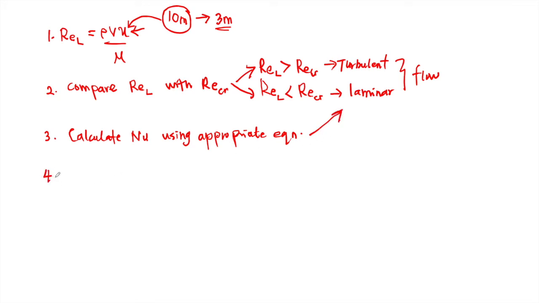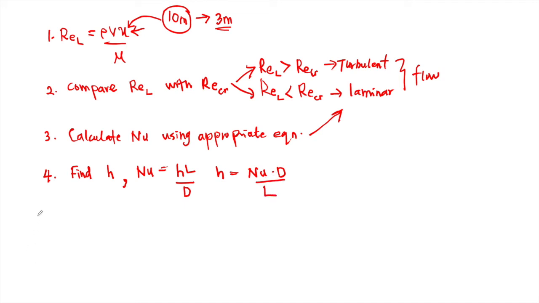Step number 4, find h by using the Nusselt number equal to hL over D. So h equals the Nusselt number times D over L.